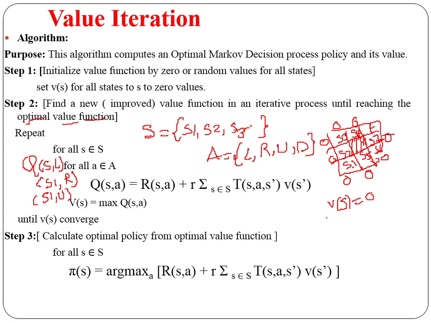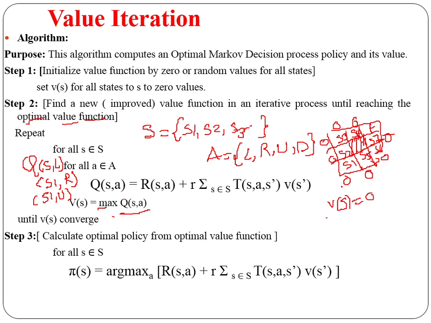That means I can move from S1 to S5 by performing the right action, and based on that the reward value gets calculated. Among these you have to select the maximum value. So this is the maximum of Q of S, A. Among these two values, whichever is the maximum, you have to assign into V of S.